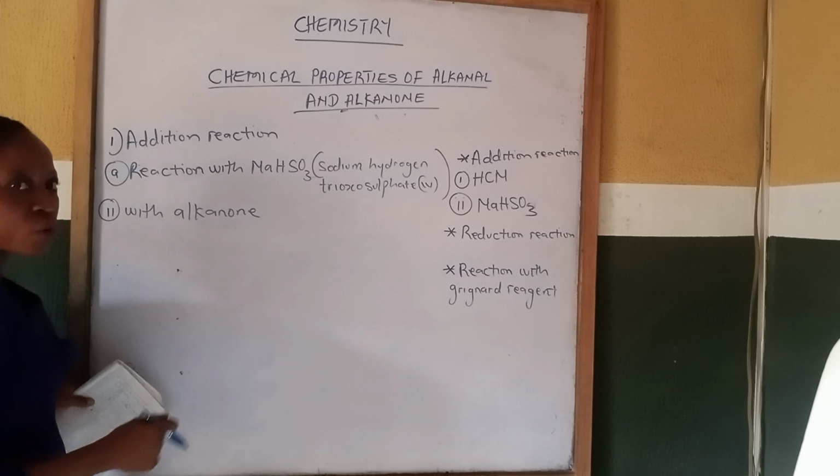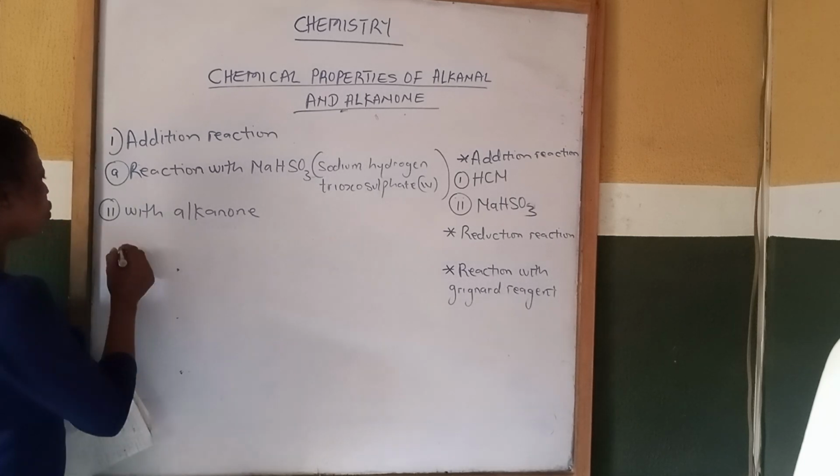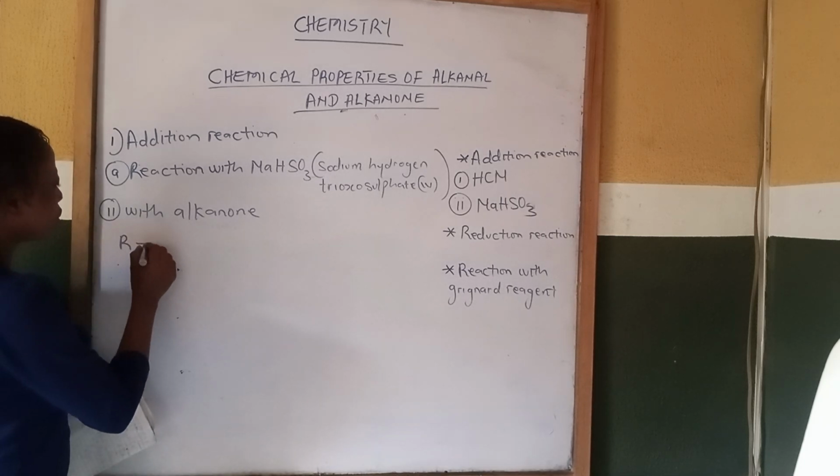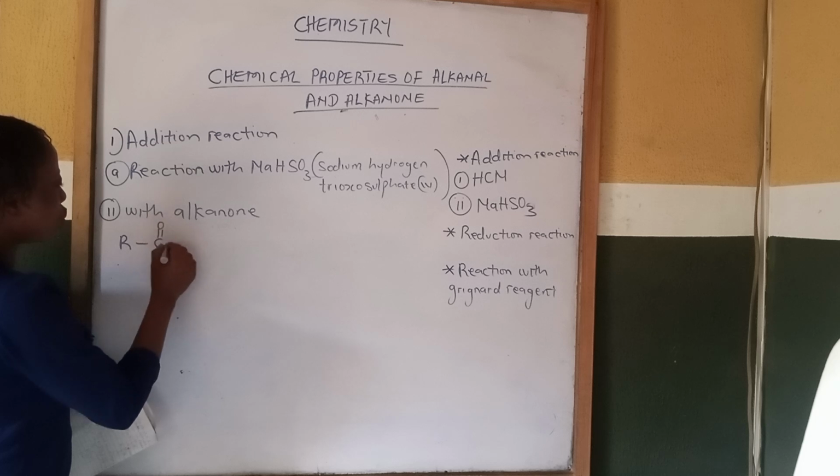I'm still going to start with the general formula for alkanone, which is RCOR.